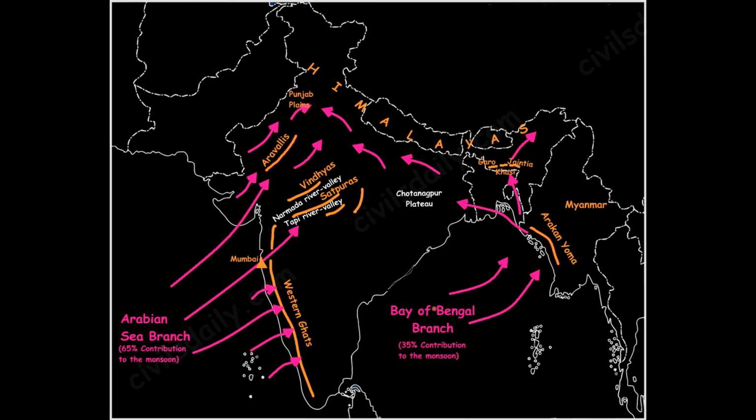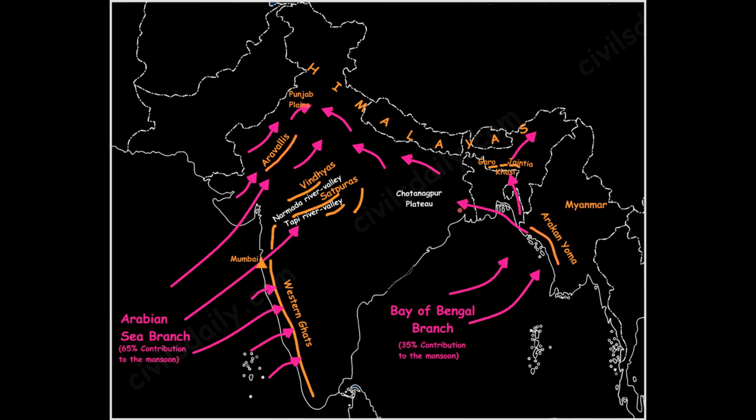The Bay of Bengal branch is originally directed towards the coast of Myanmar and part of southeast Bangladesh. But the Arakan Yoma range along the coast of Myanmar is good enough to deflect a big chunk of this branch, enabling it to enter the Indian subcontinent.